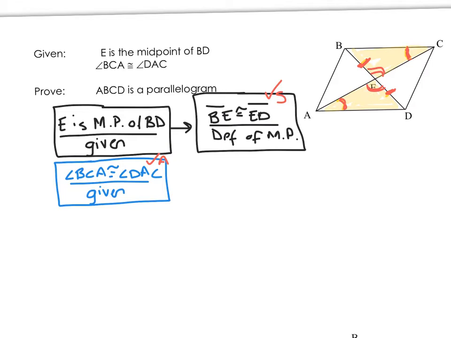And then the last set of angles are going to be those vertical angles. Angle BEC is going to be congruent to angle DEA. And the reason for that is because vertical angles are congruent.